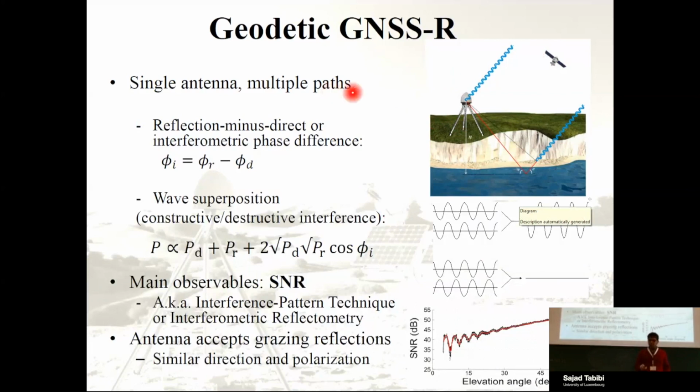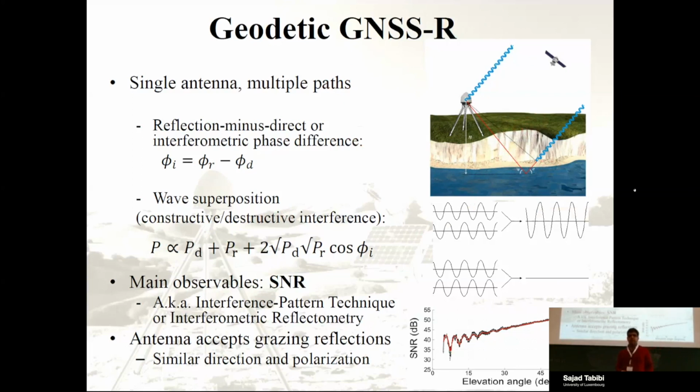But we have reflections around the antenna that bounce back to the antenna. This is a source of noise that we are trying to minimize and remove when we do the time series analysis. But this information can provide us some useful information to extract geophysical parameters.